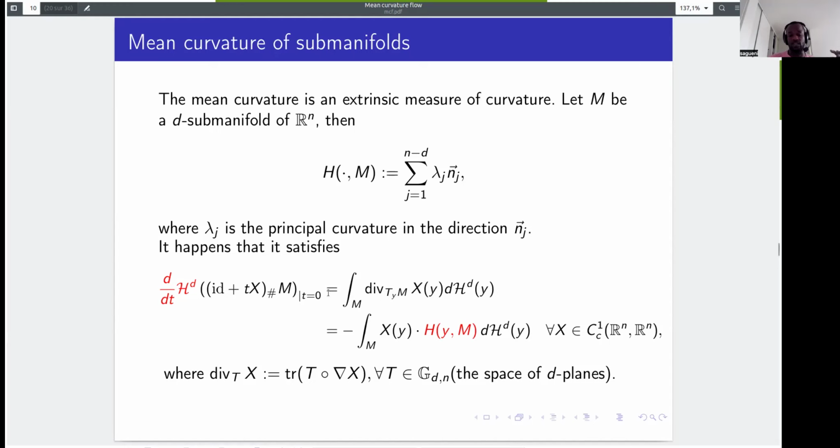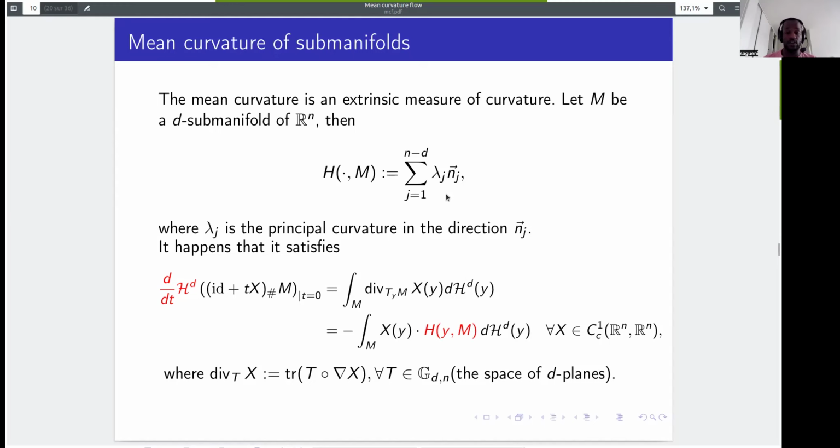So when you take the divergence, you take a divergence with respect to the tangent plane to get this formula, and then you apply something like a divergence theorem to pass from this expression to this expression.